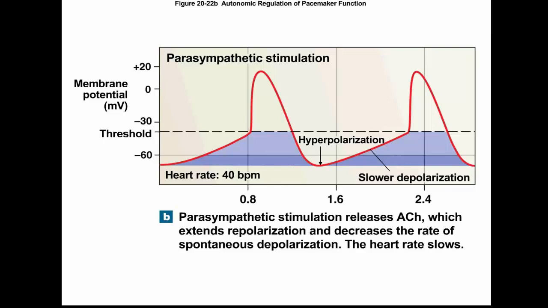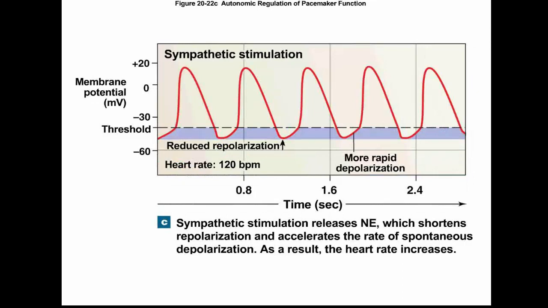So here you've got parasympathetic stimulation, where we've got slower depolarization, and this will result in a slowing of the heart rate. While if we look at sympathetic stimulation, we've got the threshold being lowered and the heart rate is increasing.